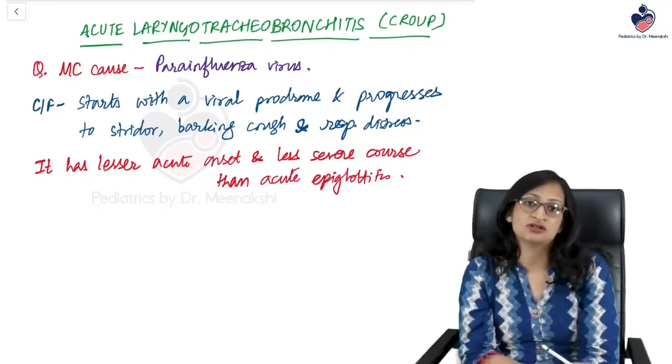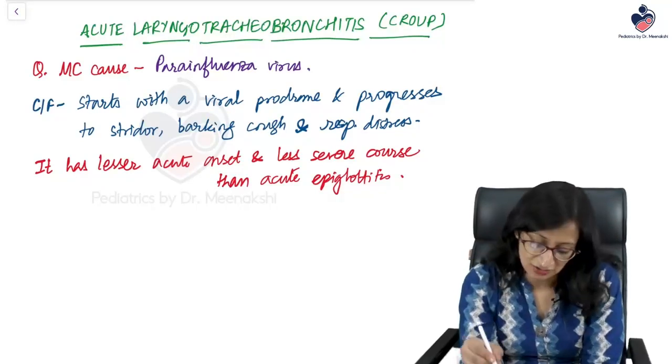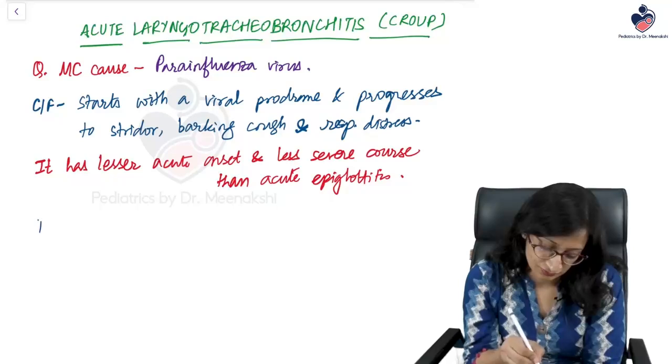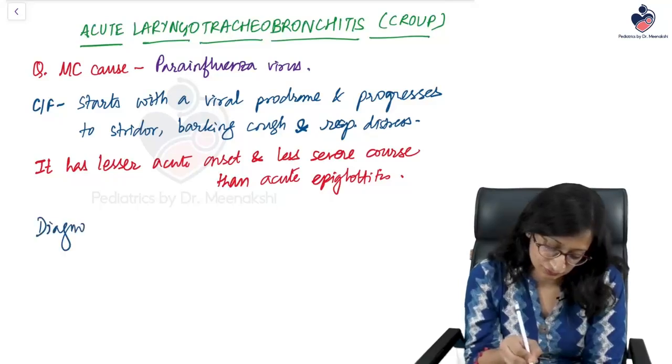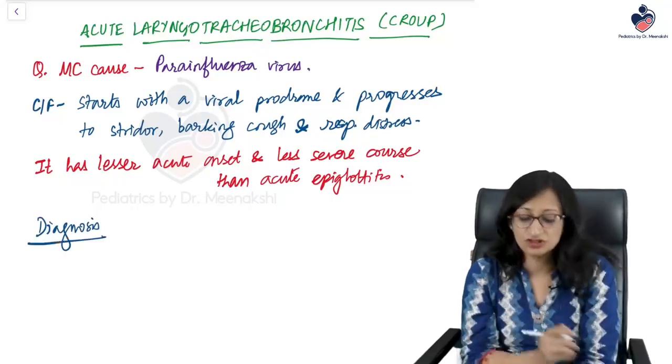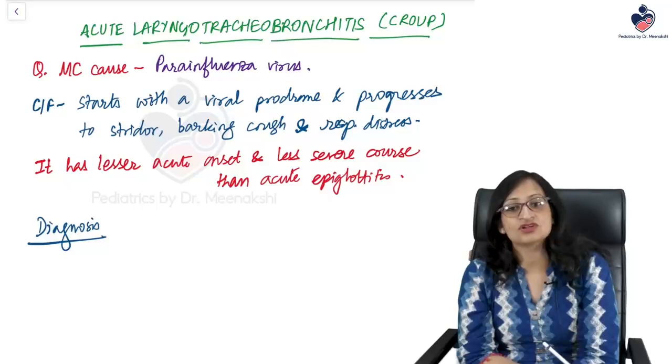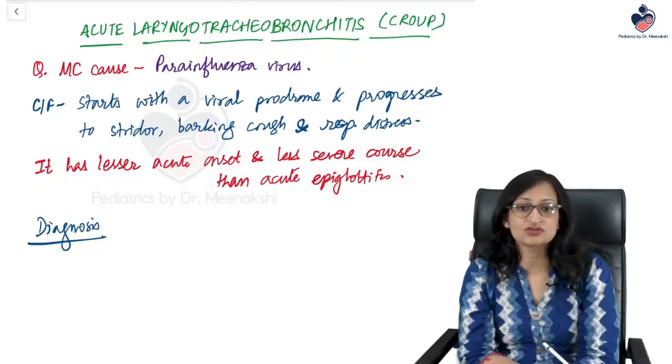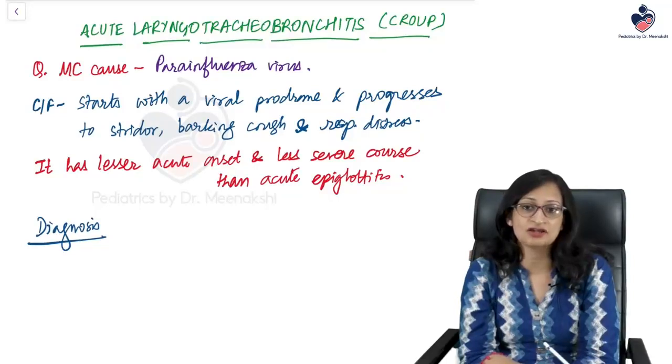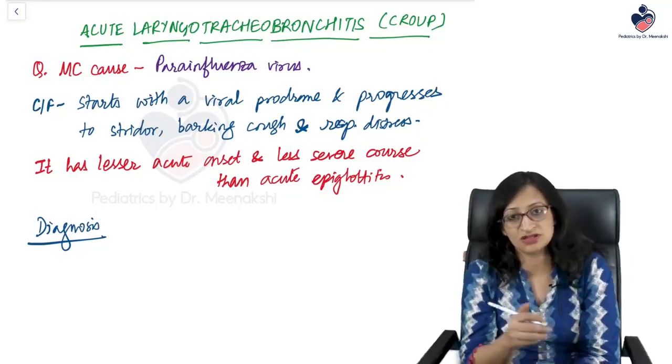The treatment includes good supportive care. So the diagnosis of acute laryngotracheobronchitis rests on this clinical picture. It starts with a viral prodrome and then the child presents with a stridor and a barking cough, and respiratory distress may be there.